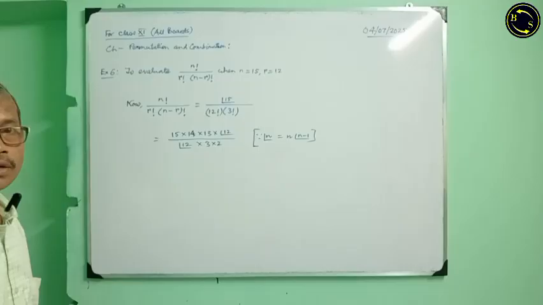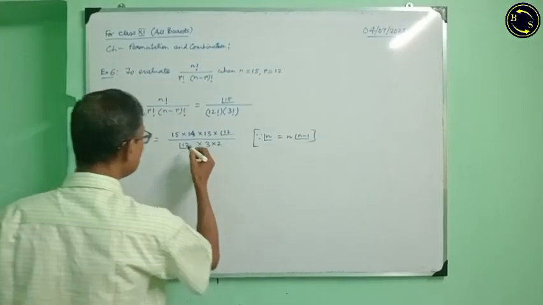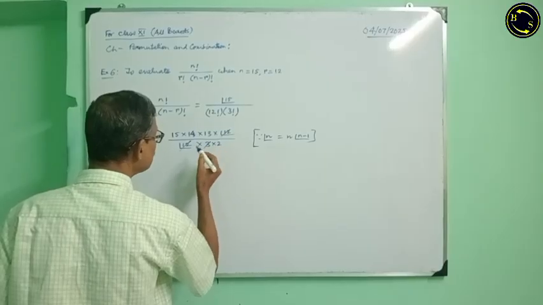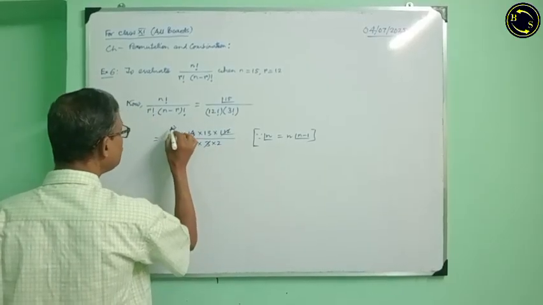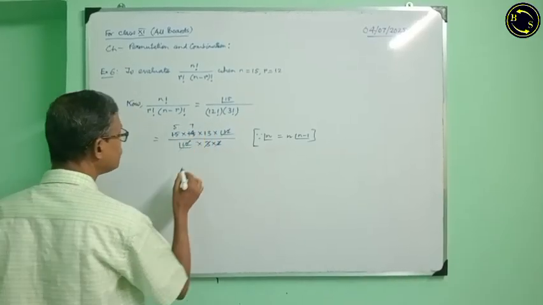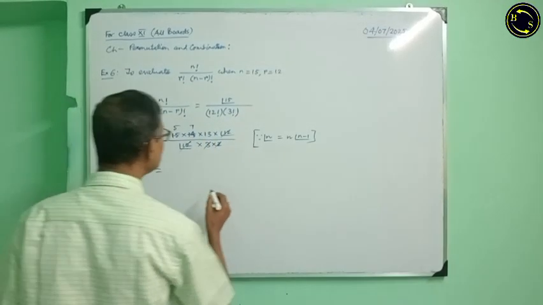We need not write that 1. Okay, then these two cancelled. 3, 5, 2, 7. Now the value.